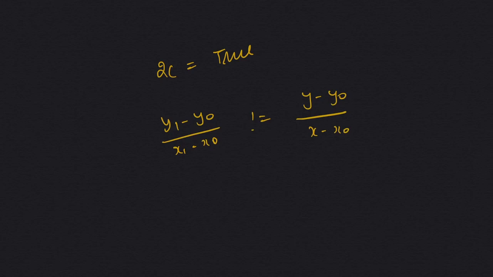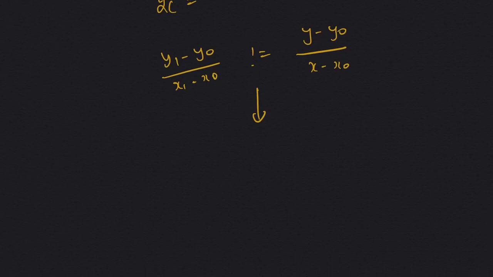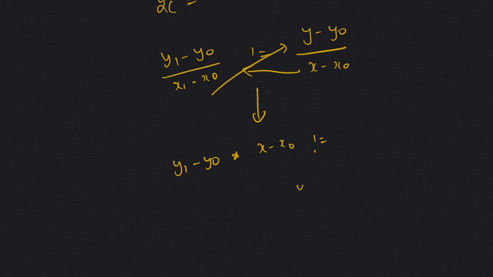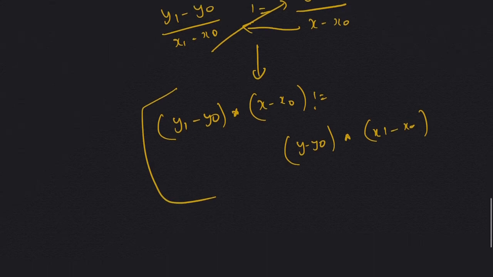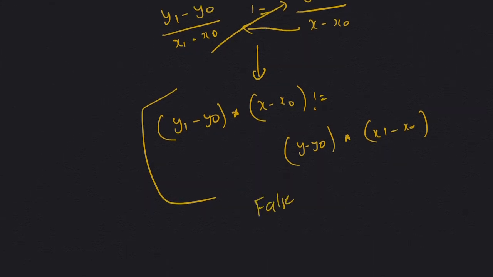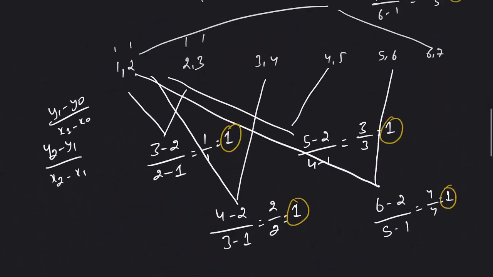Or we can simplify it this way: (y minus y0) multiplied by (x1 minus x0), because that will go to this side and that will come to this side, if not equal to (y1 minus y0) multiplied by (x minus x0). So this is the formula. If this is the case, I will simply return false, else I will return true. So this is the way we can solve this question.